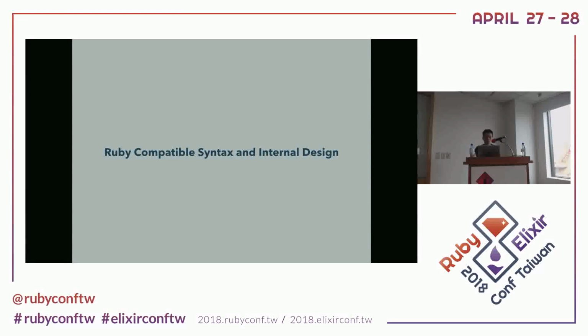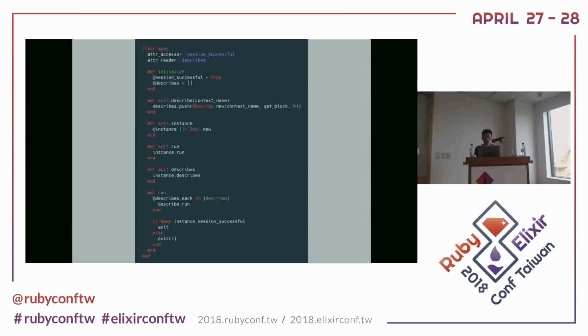And then let's talk about Ruby compatible syntax and internal design. This is a piece of source code from our test framework, and I believe you can read and understand every line of it.